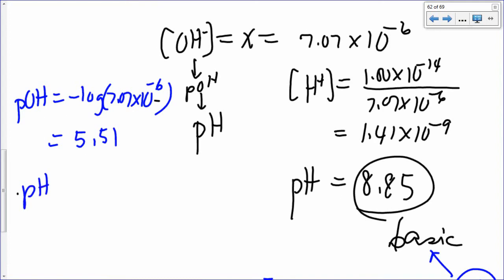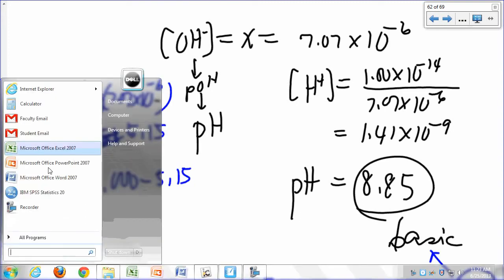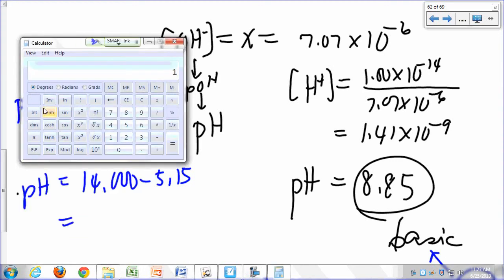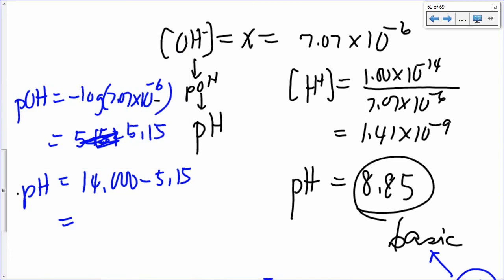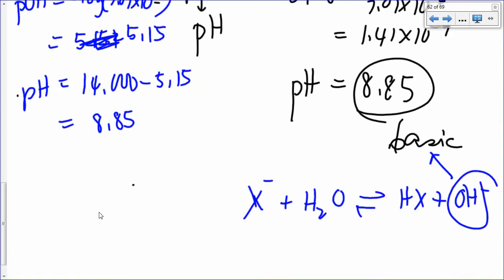And so your pH would be 14.000 minus 5.15. So 14 minus 5.15 is how much? 8.85. So either way, you get the pH. So that's the equivalence point.